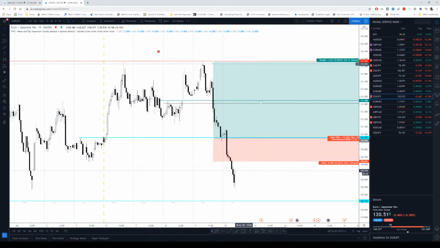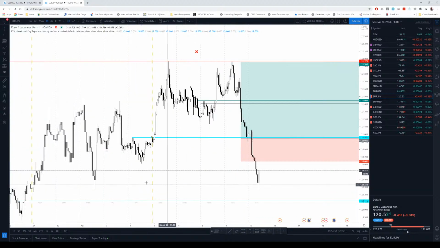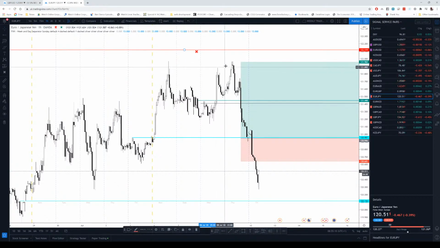All right, so let's see if we can get possible rejection down here. I just don't like the fact that they didn't run this high, this low. That's what I'll be cautious about. They should run this low before doing this. If they don't, that's engineered, like they've done up here. I mean, come on, if you're going to take price up, why don't you take out this high?